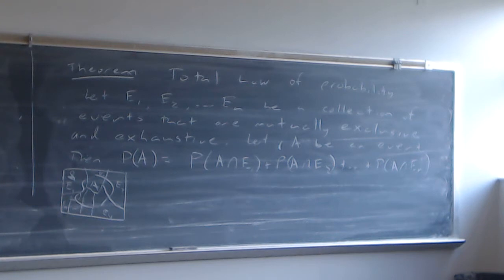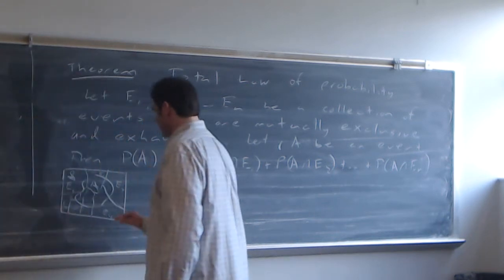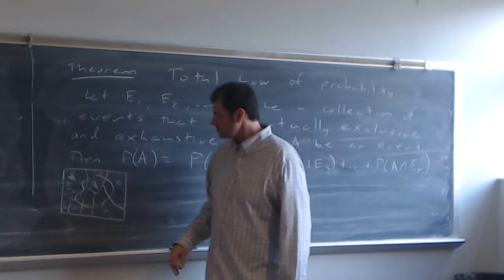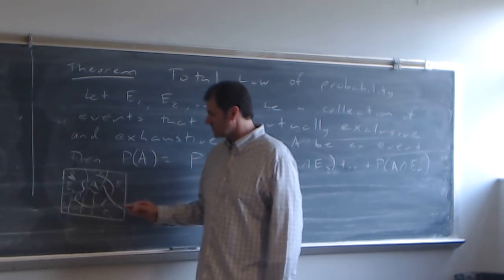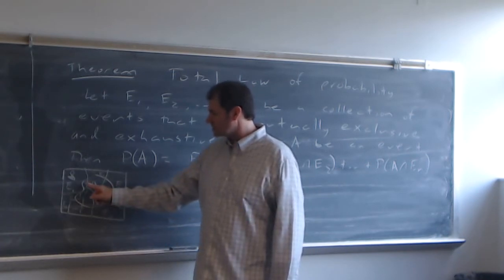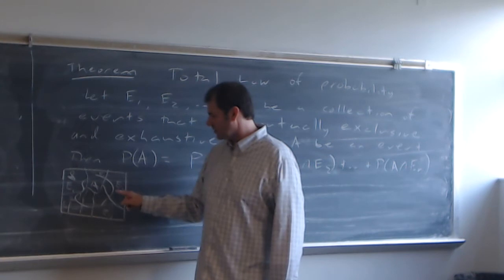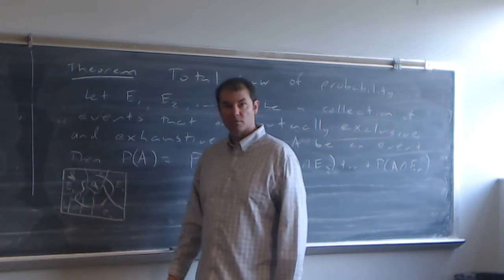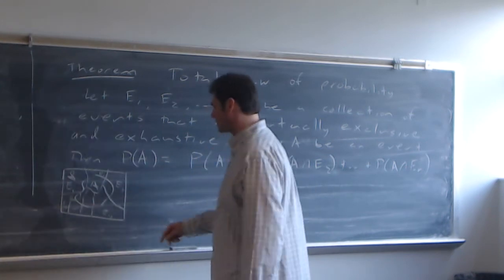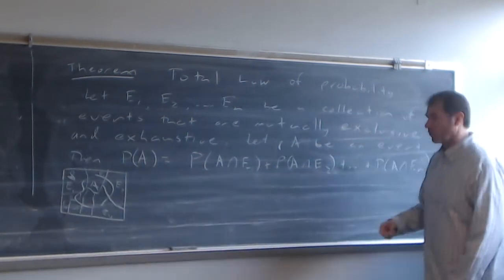Then what's clear is that if you want the worth of A with these mutually exclusive and exhaustive events, the worth of A is the part of A that's in E1 plus the part of A that's in E2 plus the worth of the part of A that's in E3 and so forth. And so that kind of helps us see that this should be the formula we get.